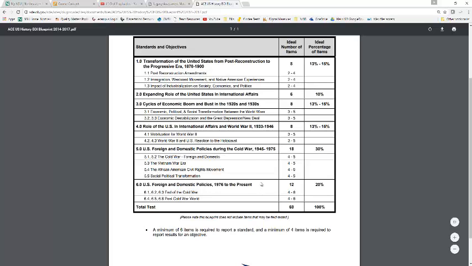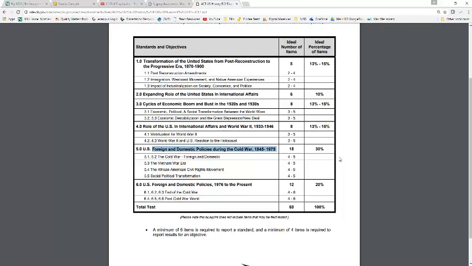So according to this model, we should be up to the Cold War, meaning past World War II, right before Christmas. So I was completely off target when I used to teach American history based upon the blueprint.